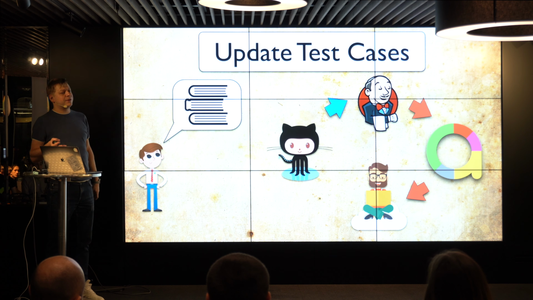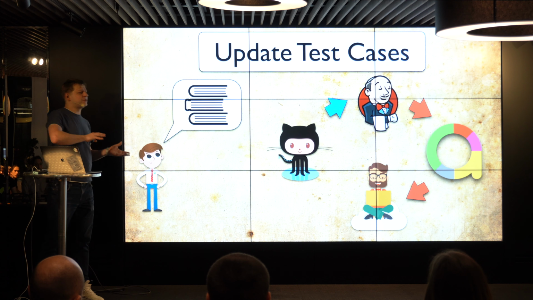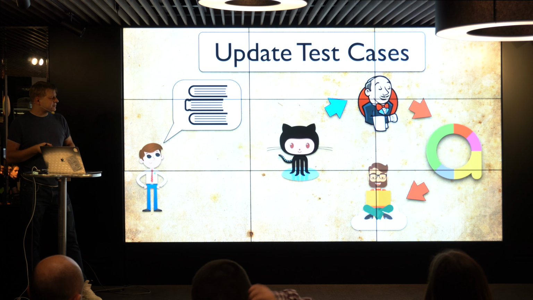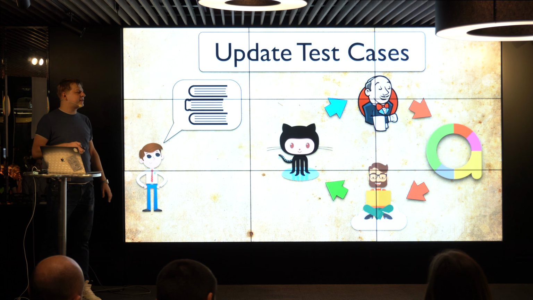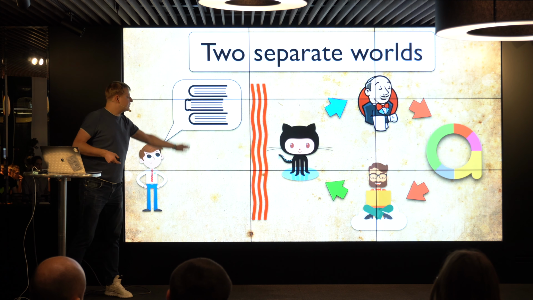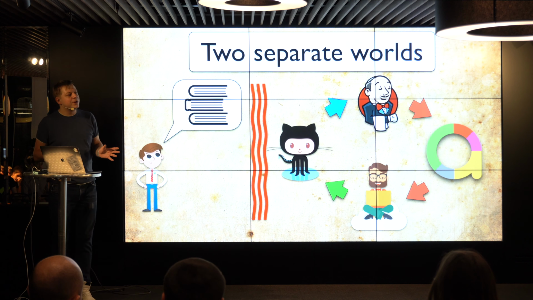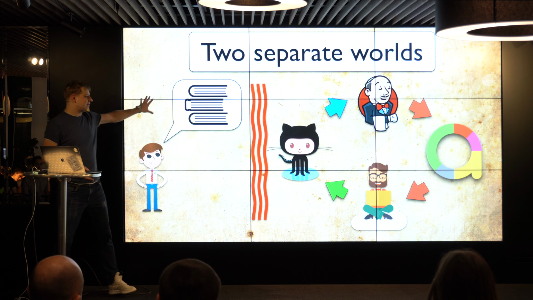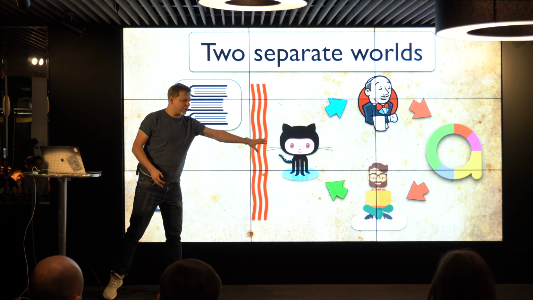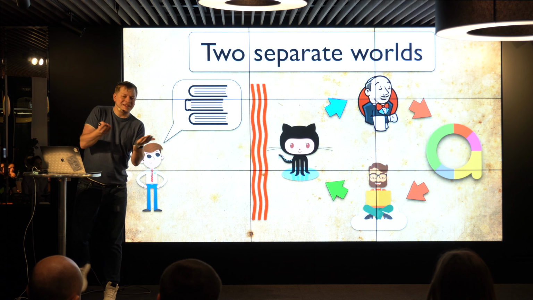Maybe some web elements are changed or moved. After that, when I fix our tests, I commit them into GitHub. And the test case management system knows nothing about any updates. So we have two tests: one test in the test case management system, one test in code, and they're different tests.